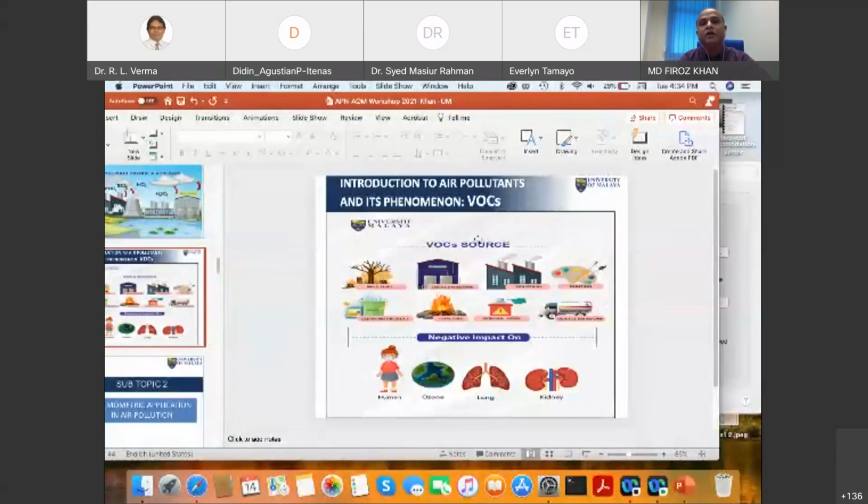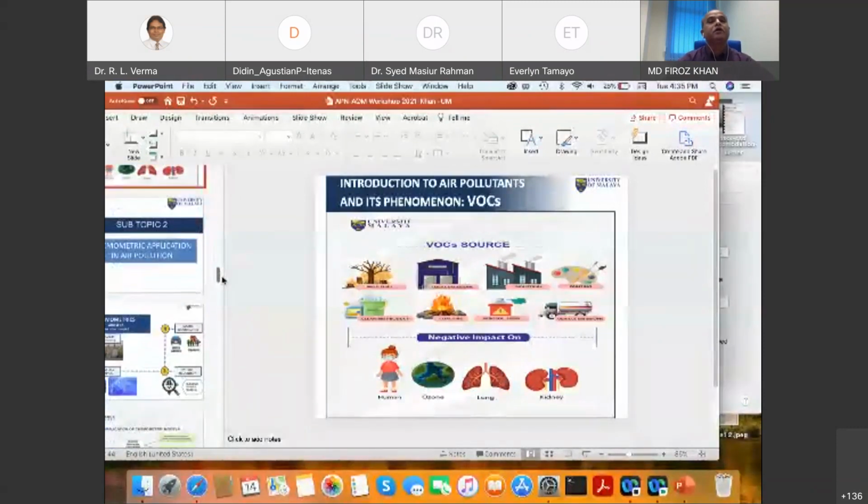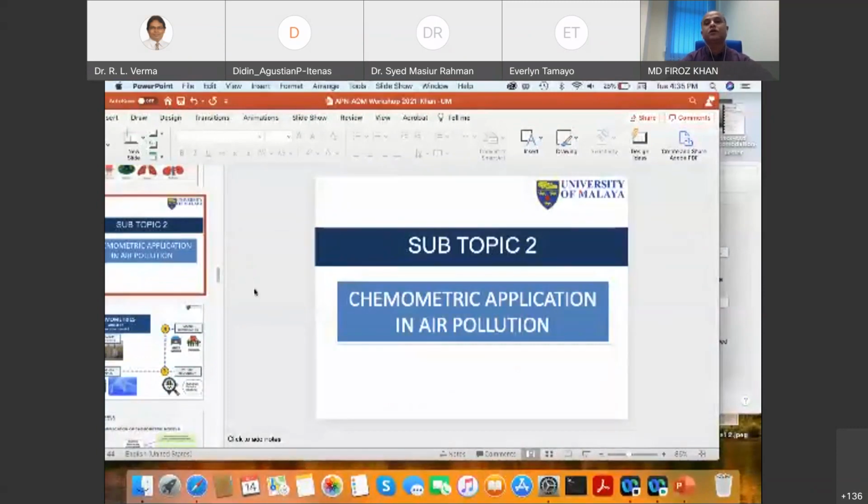So once we have this toxic group of volatile organics or even volatile inorganics, they impact our health, they impact our ozone concentration at the surface level, they impact our respiratory system, they also impact many of our important organs in the human body, right? So this is briefly the fundamentals about the key pollutants that we always talk about.